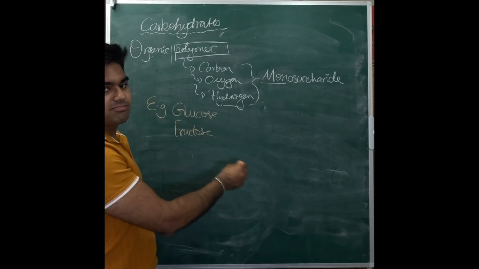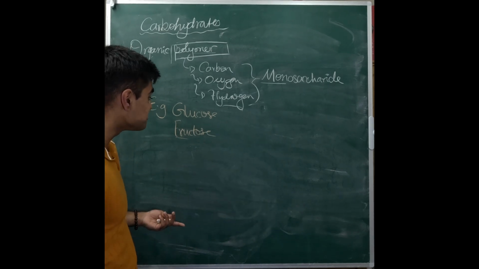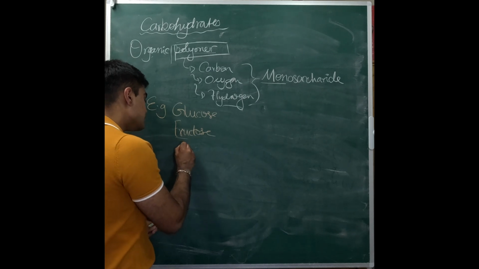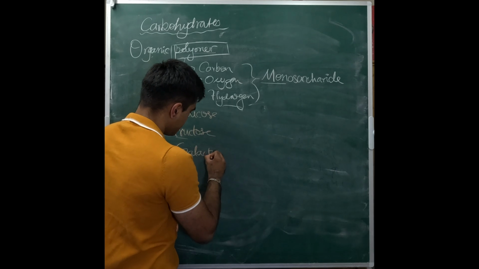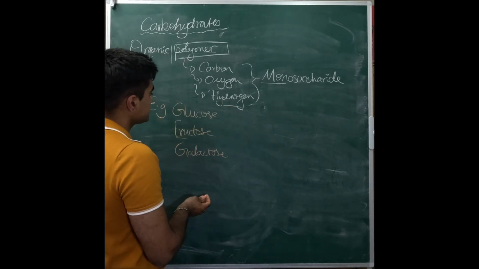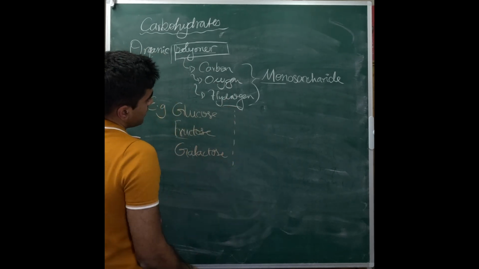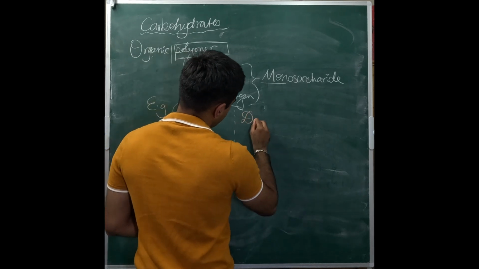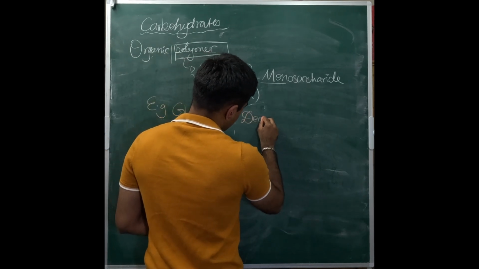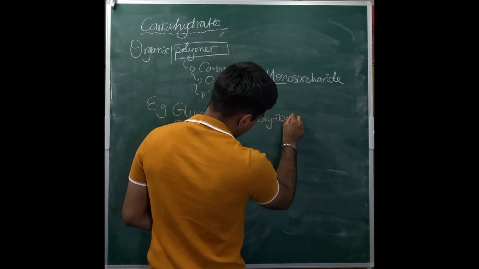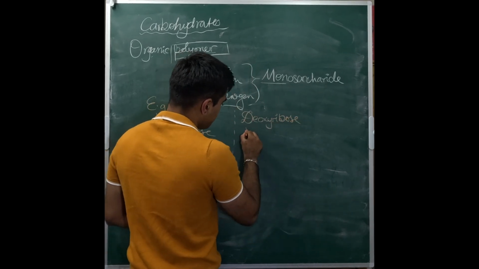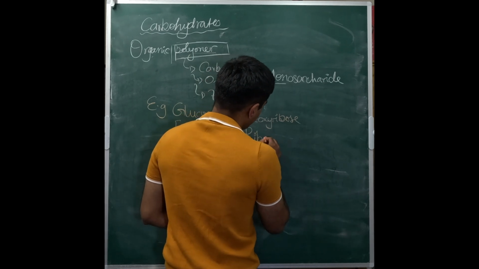And it's, from the name, it's related to fruits. Now, the next one you need to know is galactose. Galactose. Another one is deoxyribose. And finally, we have ribose.